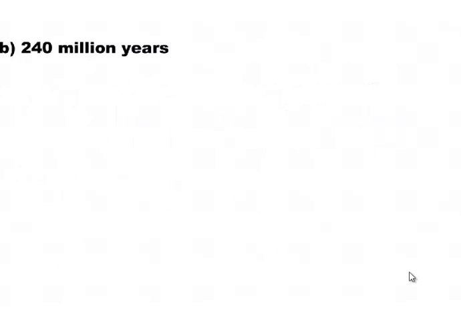The next part of the question says, after 240 million years, how much of the mass is left? So again, we start with 16 grams. After 80 million, half of it is gone. So it's 16 times 1 over 2.